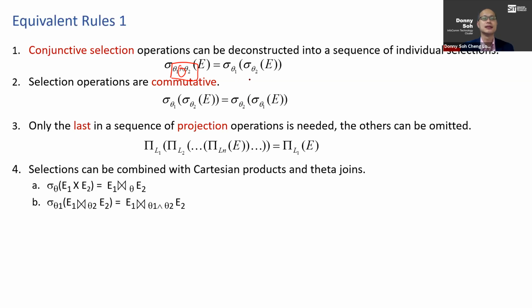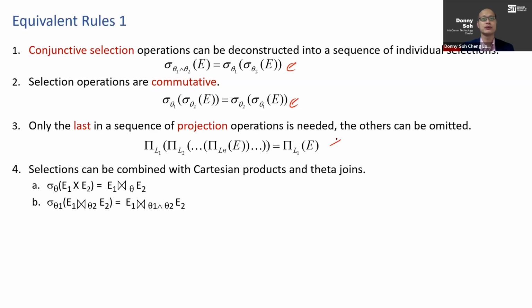So if I select theta 2 followed by theta 1, it will be the same as selecting both theta 1 and theta 2 together. This is related to the second point, which is that regardless of whether I do theta 1 or theta 2 first, it doesn't matter. These two are pretty intuitive.